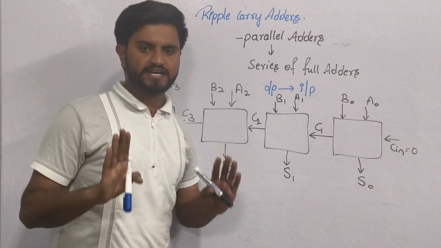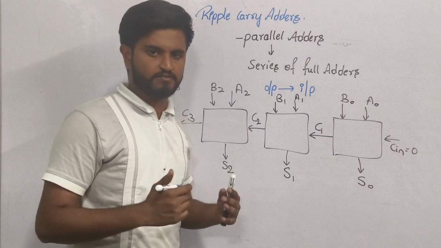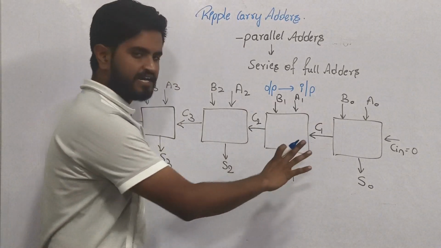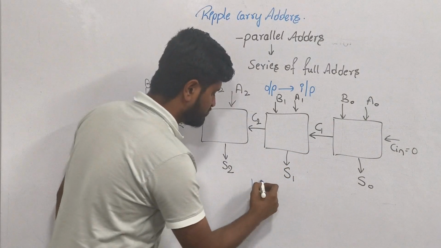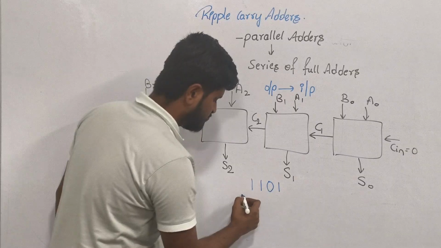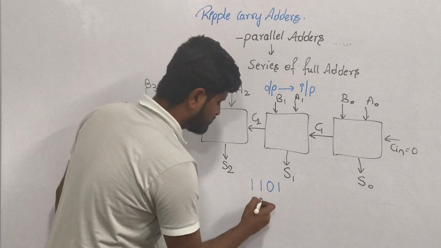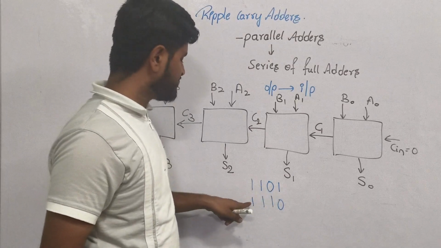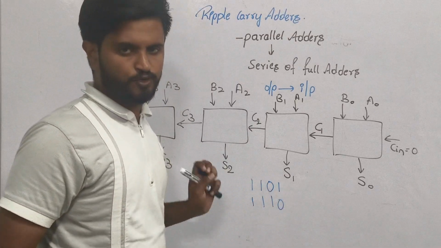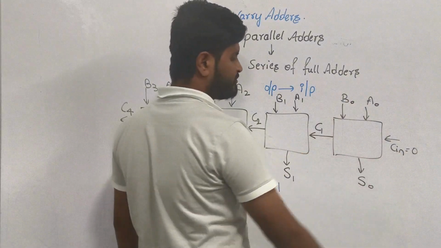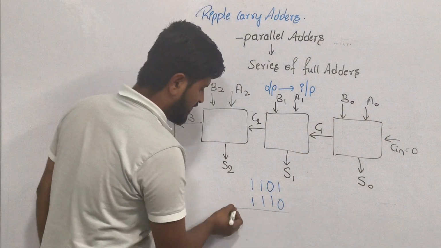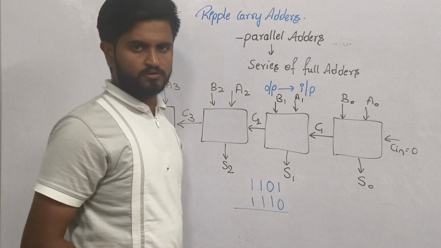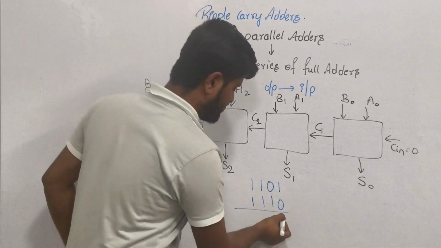Now let's take an example so that you will understand much more easily. So 4 adders are there. I will be using 1, 1, 0, 1, and you must add 1, 1, 1, 0 to this one. So 1, 1, 0, 1 plus 1, 1, 1, 0 using the full adders. At the starting carry input is equal to 0. Now if you add 1 plus 0, it will be 1 itself.